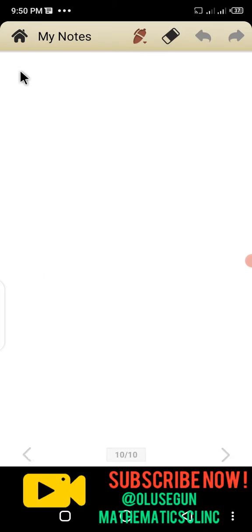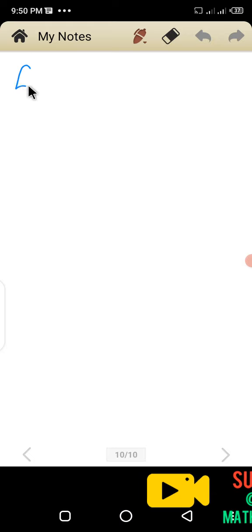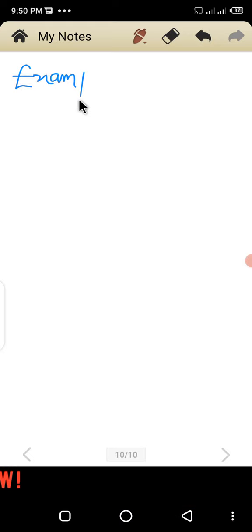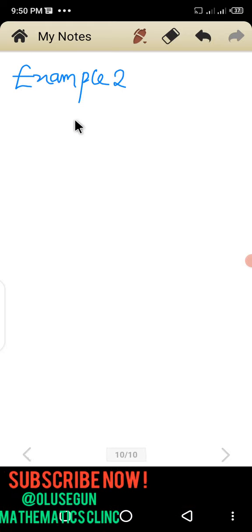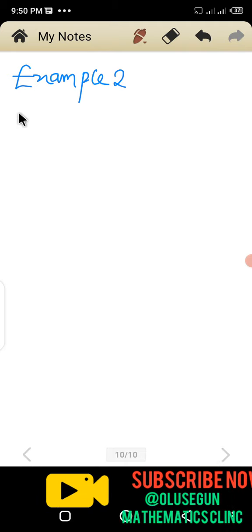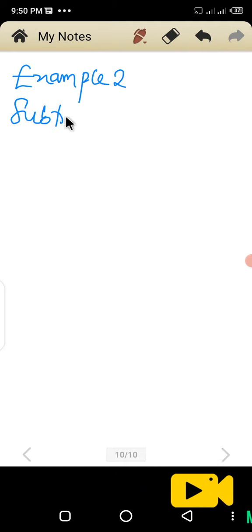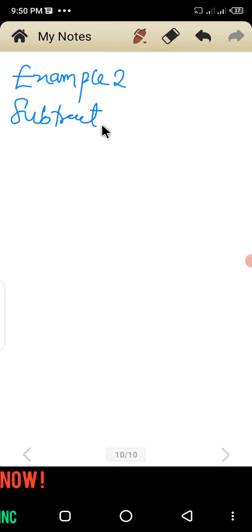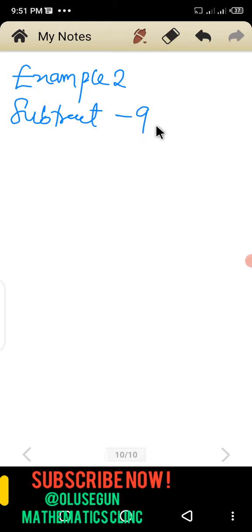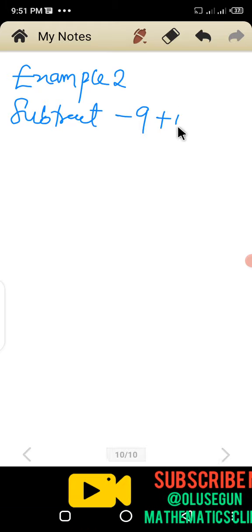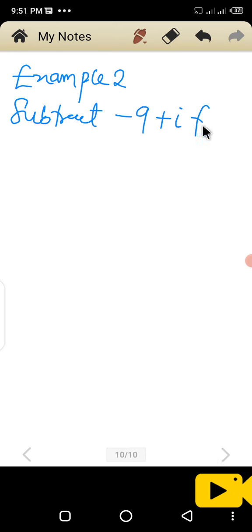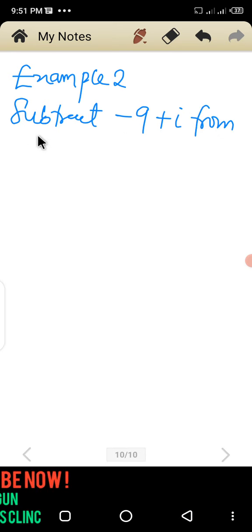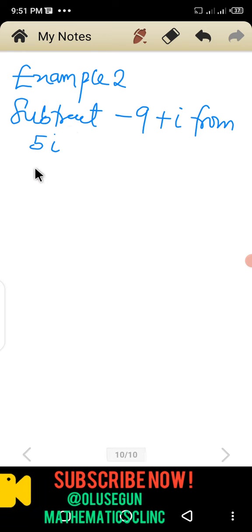Under the subtraction, let's say example 2. Let's solve another question. It says subtract minus 9 plus i from 5i.